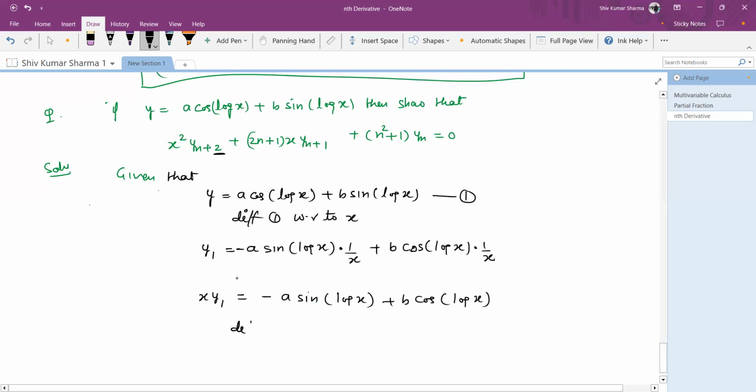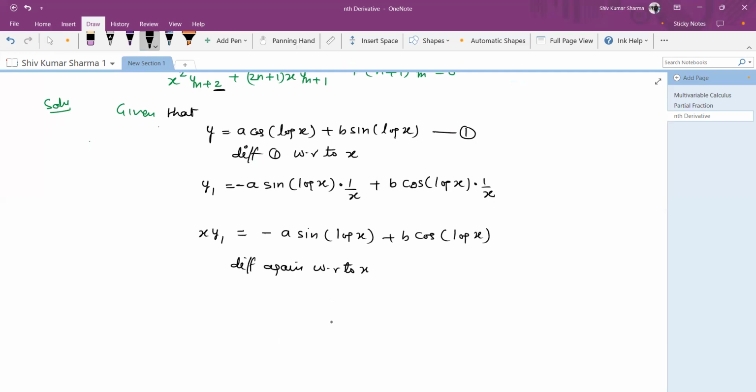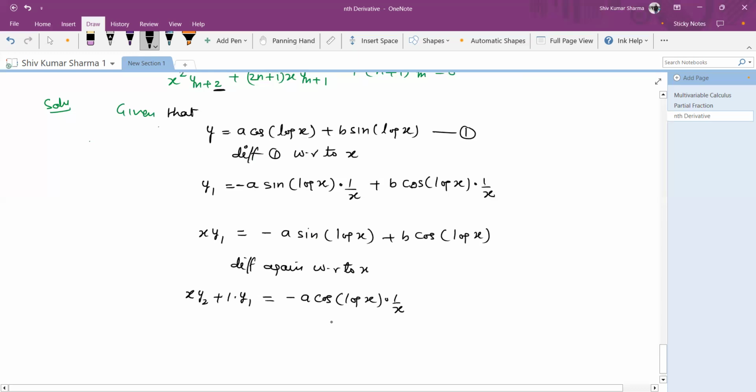Now differentiate again with respect to x. On the LHS we see that it is a product function, so we use x into y2 plus differentiation of x is 1 into y1, is equal to minus a, differentiation of sine is cos into log x, and differentiation of log x is 1 upon x, minus b, differentiation of cos is minus sine, so we use the minus sign here, sine into log x, and differentiation of log x is 1 upon x.